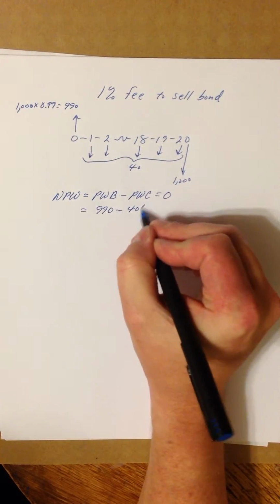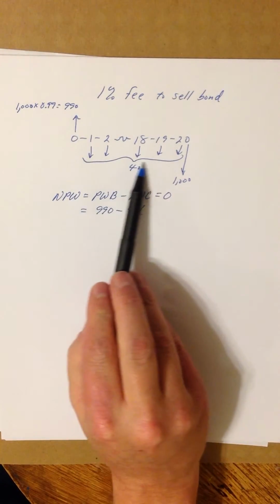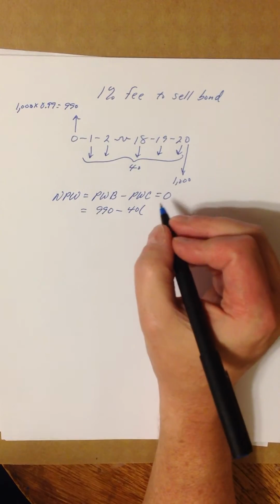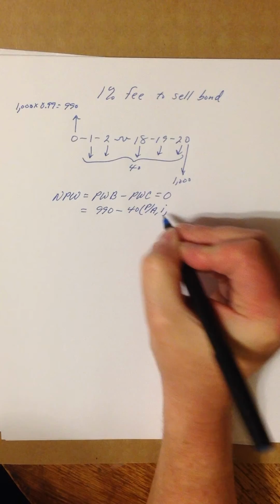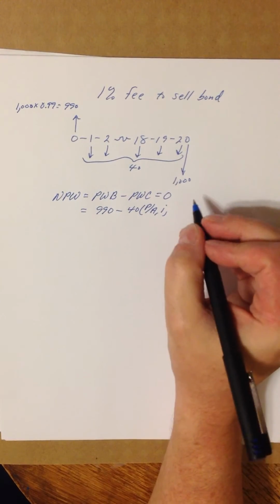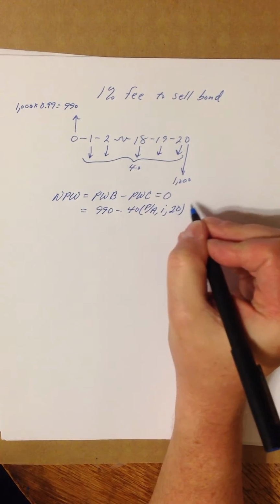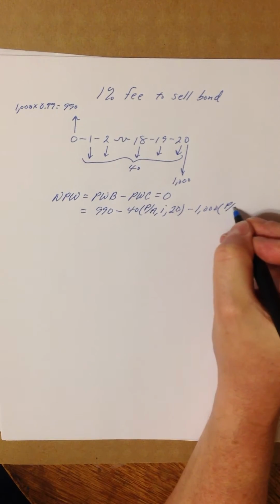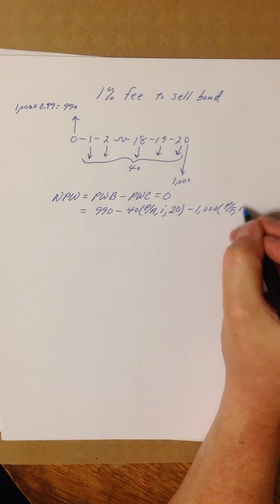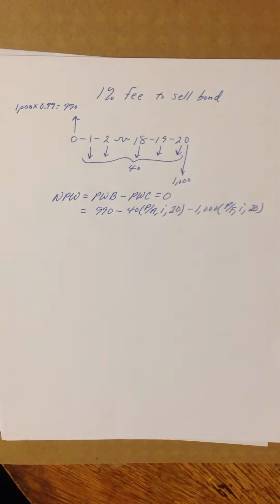We want to take off the cost outlays, which is the $40 occurring every 6 months, and we're going to find a P given an A and i for 20 periods. We're also going to subtract the $1,000, moving that back to the present from the future at some i for 20 periods.